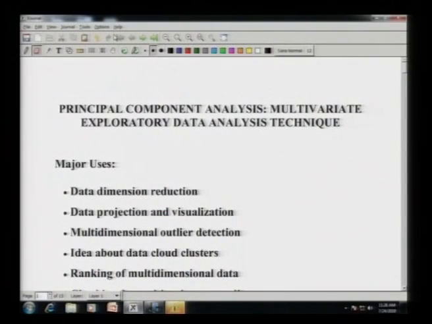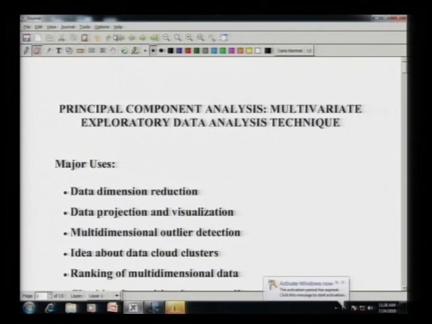Okay. And also, if you recall that initially we had talked about the various uses of principal component analysis, that is after the data dimension reduction, what all we can achieve through that, and I am going to explain in detail those aspects of the uses of principal component analysis. Okay. So, this is the principal component analysis. It's a part of multivariate exploratory data analysis technique.